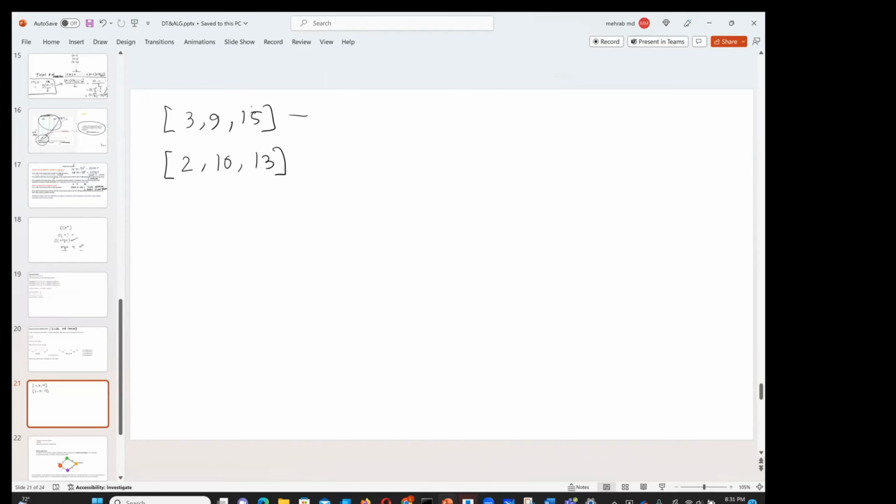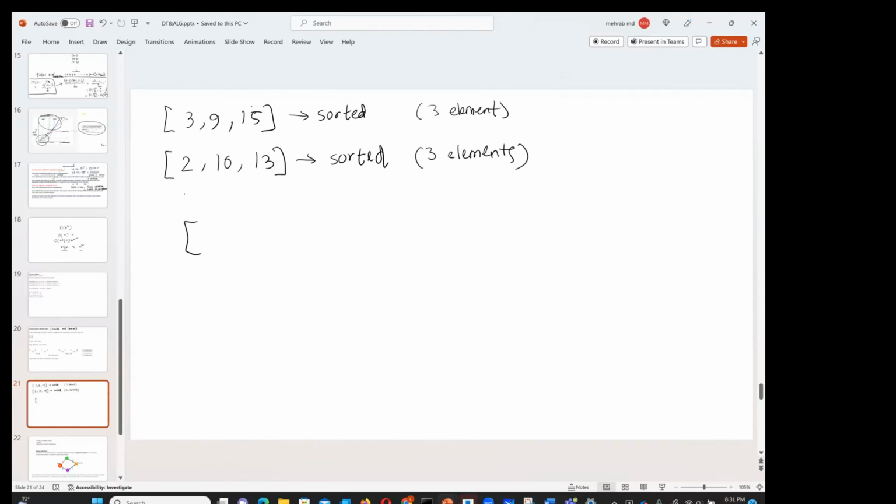So both of these are sorted, right? How many elements are here? 3, right? This one also has 3 elements.